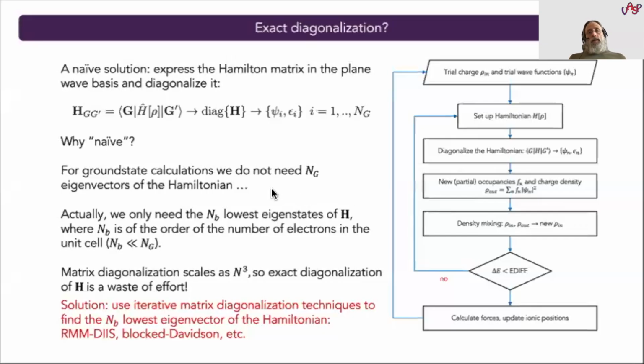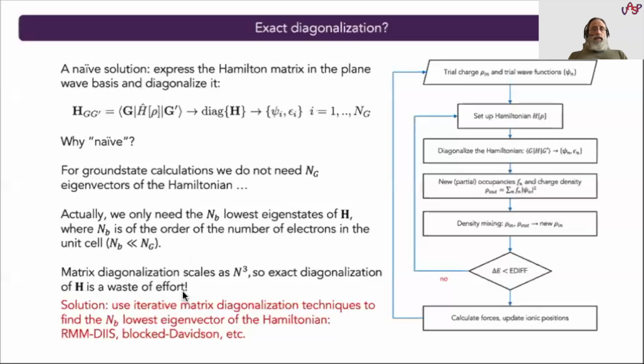We do not need a whole bunch of high-lying eigenstates at high eigenenergies, because this NB is, as a rule, much, much smaller than NG. And matrix diagonalization scales with N to the power 3, so cubically. So exact diagonalization scales badly with this number. If we diagonalize this exactly, we do a lot of work to get solutions that we in fact do not need.